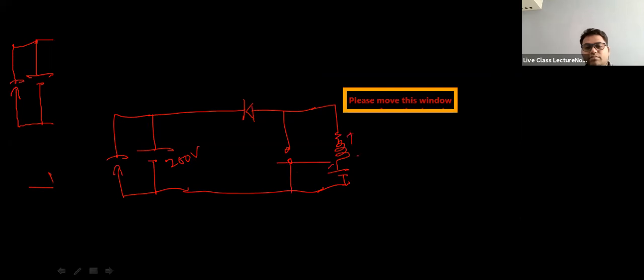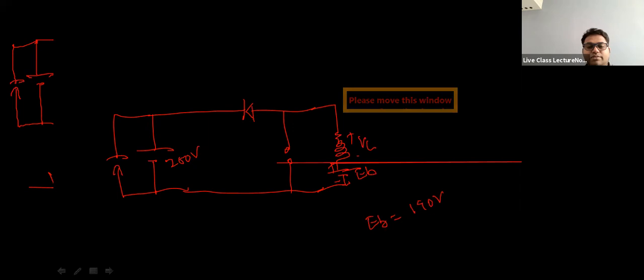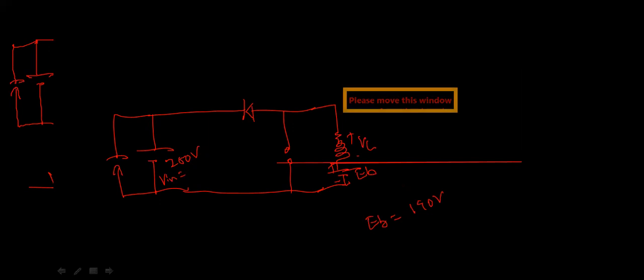Now this is happening. So VL and E back. Now E back, say it was a bit low, 190 volts. But under this condition, can the power flow from the load to the source if E back is 190 and V in is 200? Can the power flow? No, right?